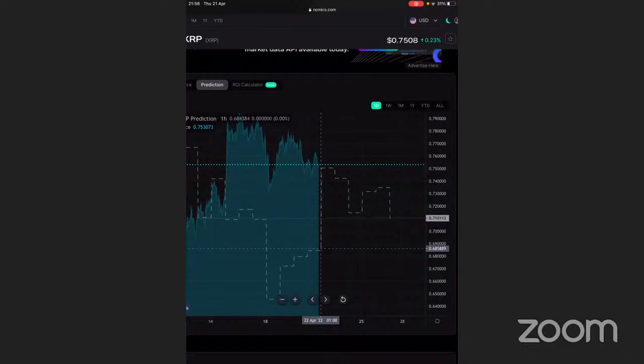That's how we do it in our team. Sometimes people are making a lot of money according to the speculations or the predictions of Nomics. You can see from this bottom here, which is 0.68, to the top here, where it's saying the prediction might rise to 0.75.